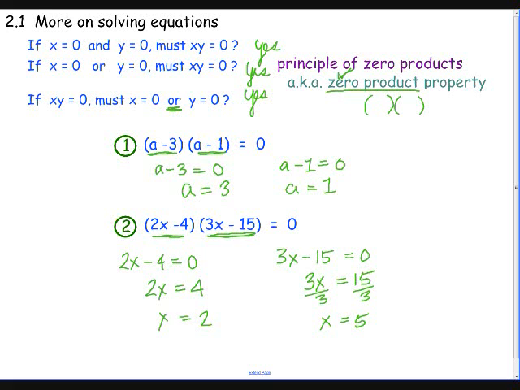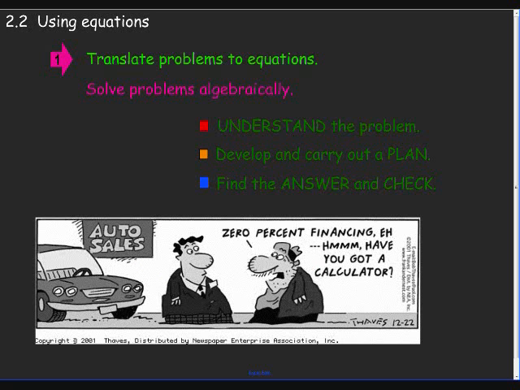Okay, the zero product property, that's so important. Using equations. Anytime in this book that you see the word using, think word problems. So what we're going to do in this little section is translate the words into equations.